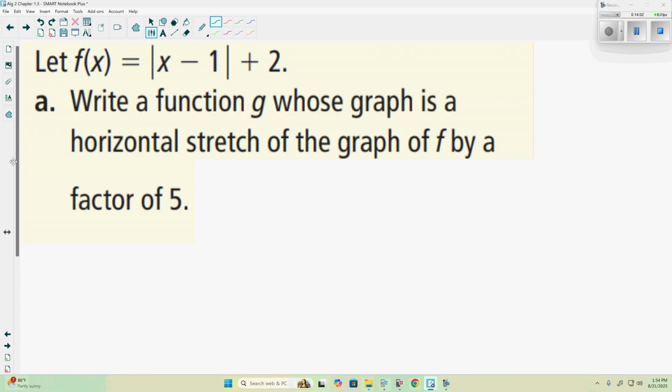Write a function g whose graph is a horizontal stretch of the graph of f by a factor of 5. Horizontal, f of a times x, f of ax.